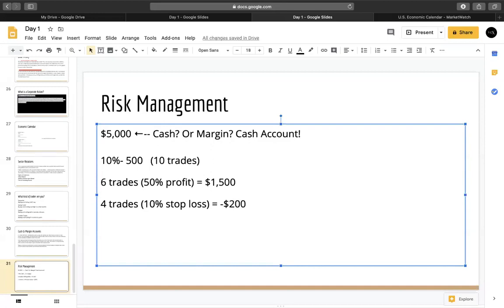What is your profit for the day? $1,300.